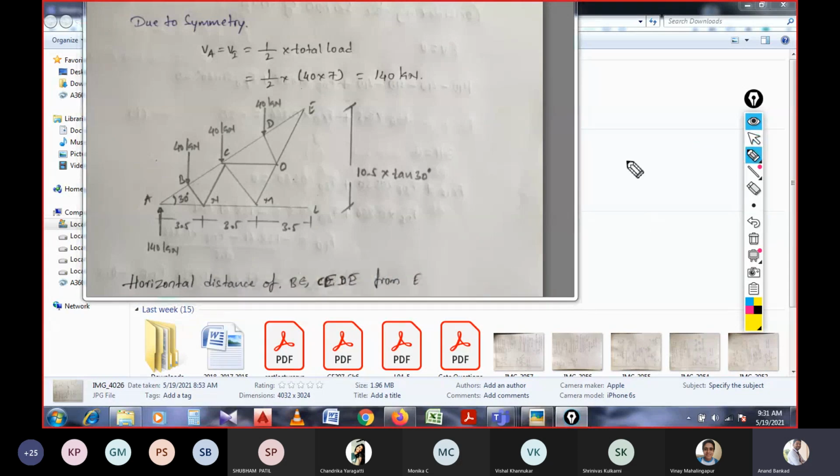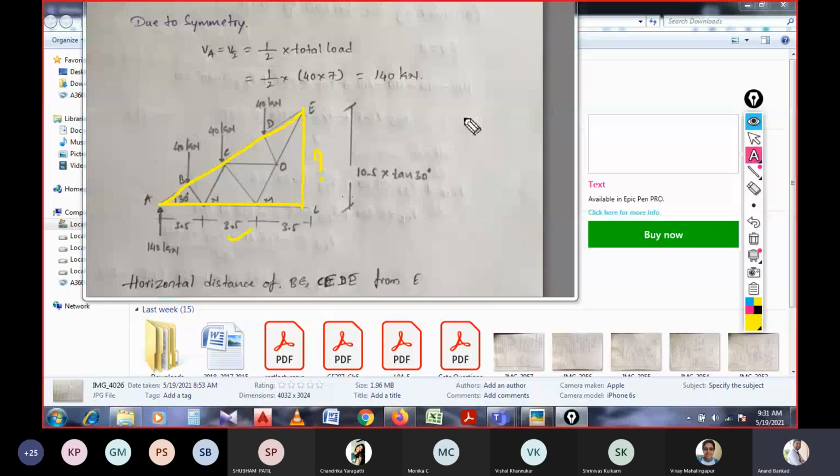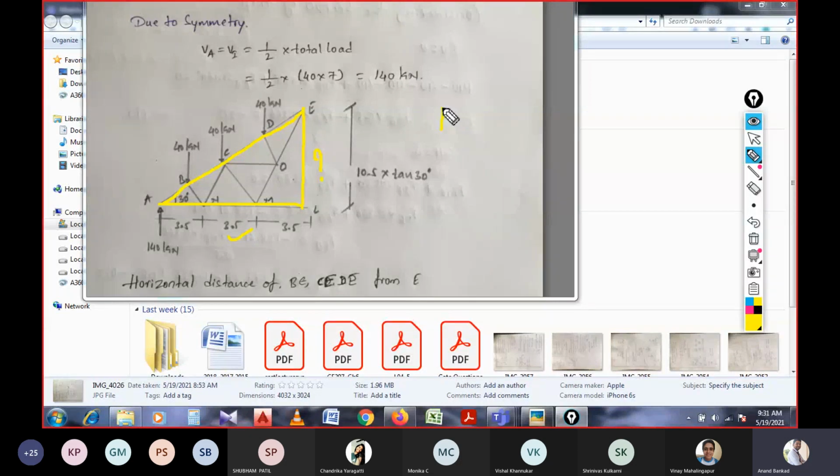See, if you consider the truss, it will look like this, right? For this we have an adjacent side length and we have the angle, but we need this vertical height. So for that reason, we use tan theta.